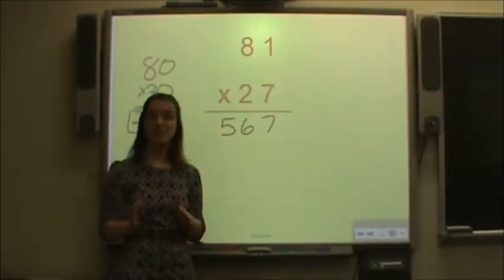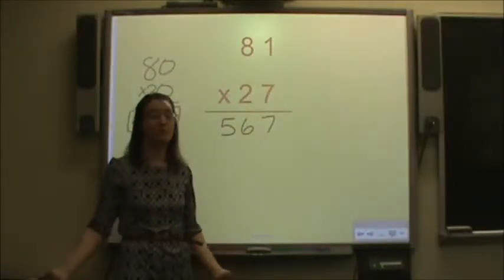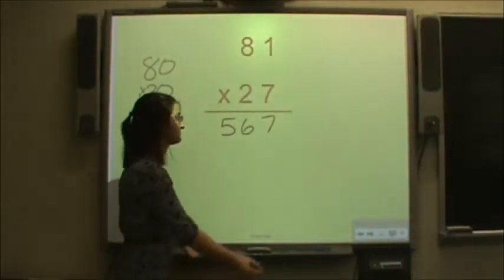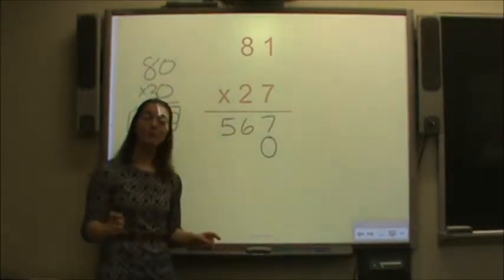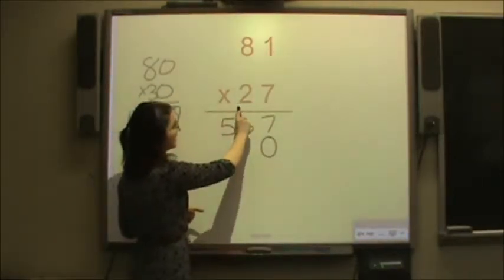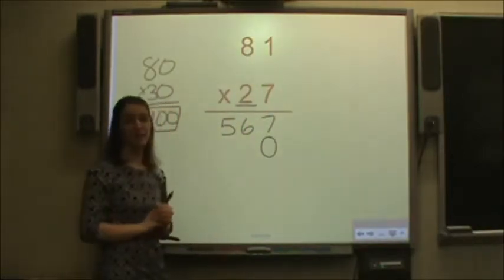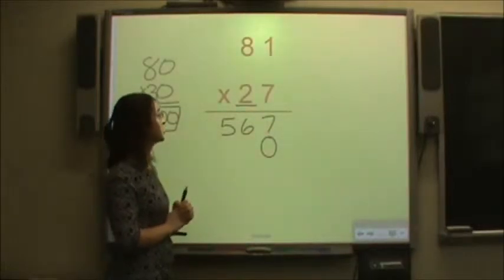Now, there's a step in here that lots and lots of people forget, but that's because they don't understand why they do it. And it's because we have to put a placeholder 0 right here. That's because now we're going to move on to multiplying the tens place times each digit in the other factor.